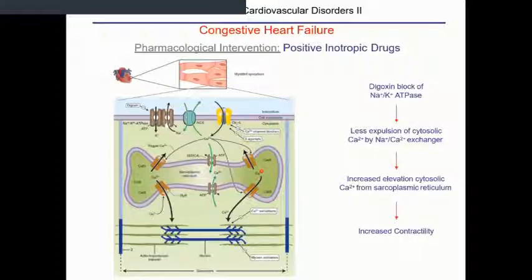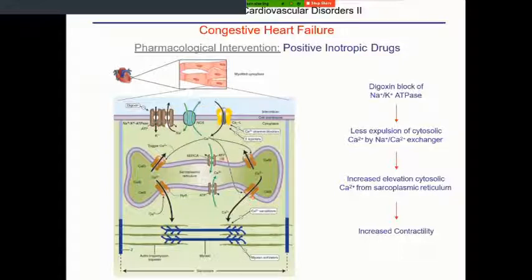And so this is your sodium potassium ATPase pump, and this is your sodium calcium exchanger. So when your digoxin is taken in, it blocks the sodium potassium ATPase, leading to the accumulation of calcium, because there will be less expulsion of your cytosolic calcium by the sodium calcium exchanger, which is dependent on the mechanism of your sodium potassium ATPase.